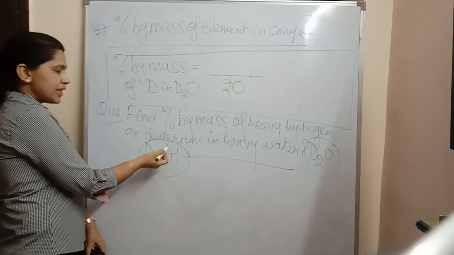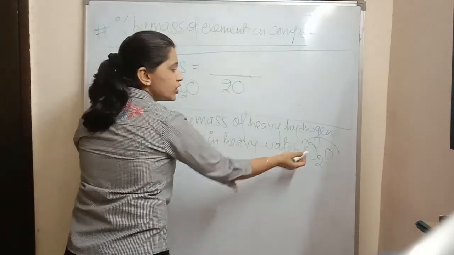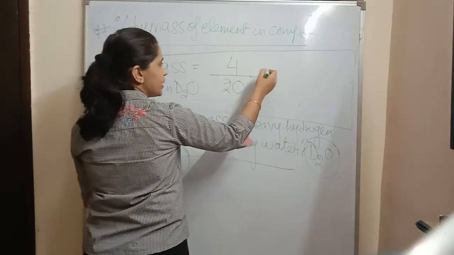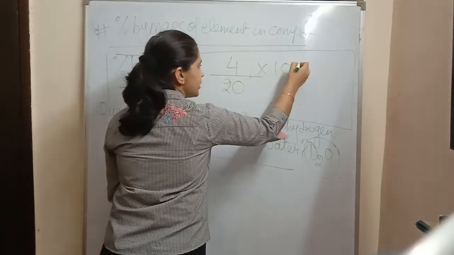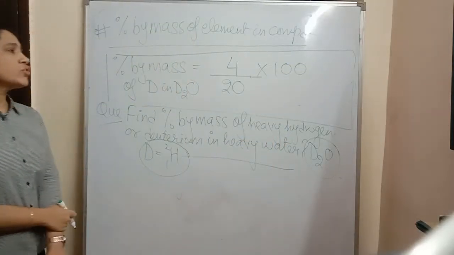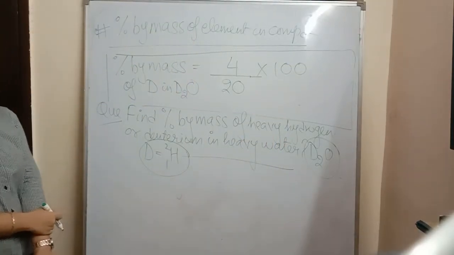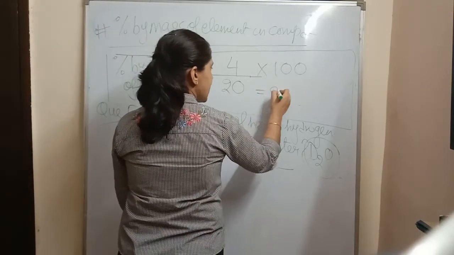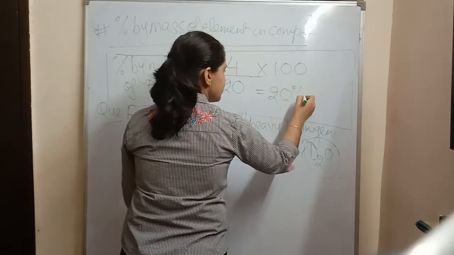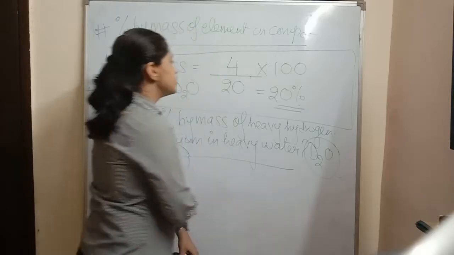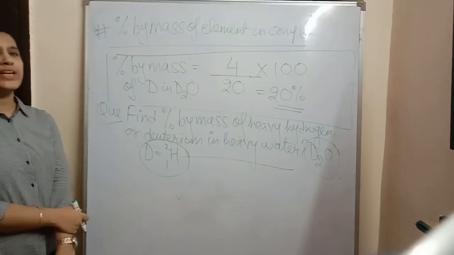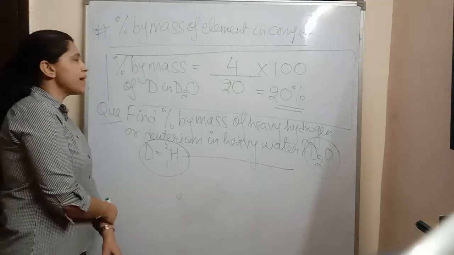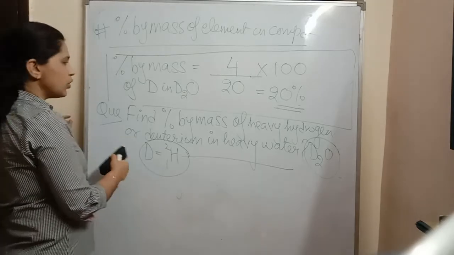One deuterium is 2, and there are two heavy hydrogens, so it becomes 4/20 into 100. How much is it? 20%, right? So that is the percentage by mass of deuterium in D2O.